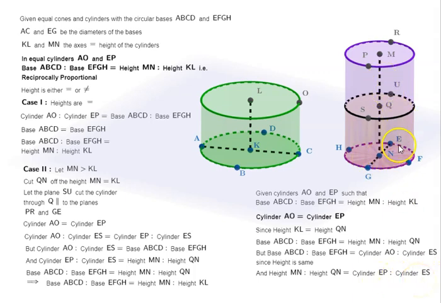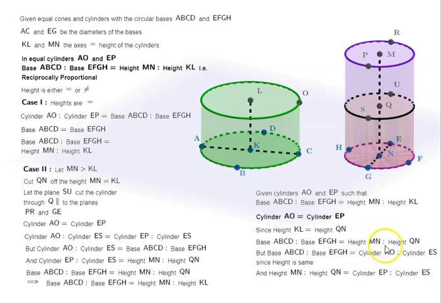So we are looking at these two cylinders, the overall cylinder EP and this cylinder. Now here the base is the same. So if the bases are the same for two cylinders, then the cylinders are proportional to their heights. Here base ABCD is to base EFGH as height MN is to height QN. Which means base ABCD is to base EFGH as cylinder AO is to cylinder ES.